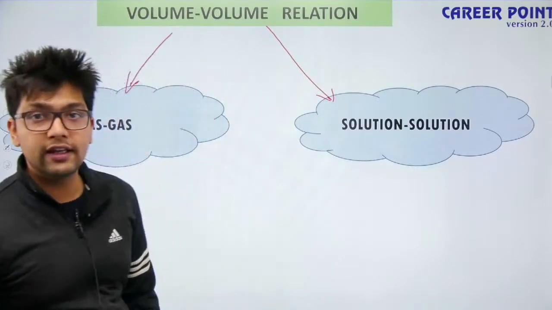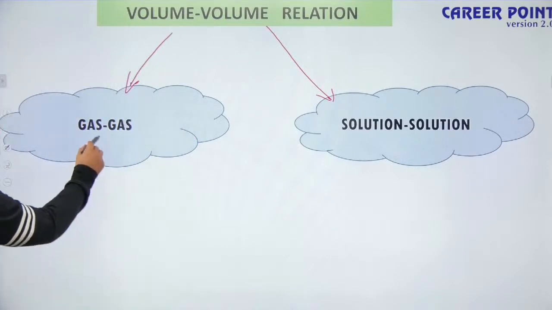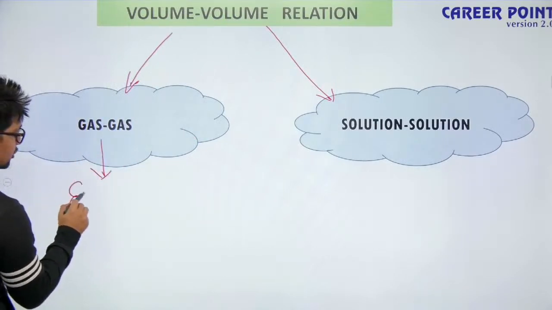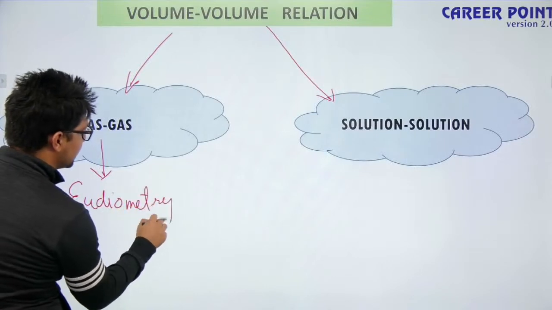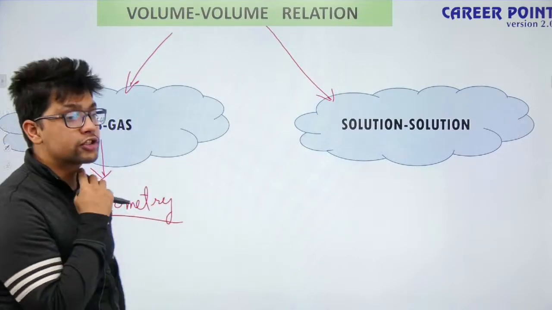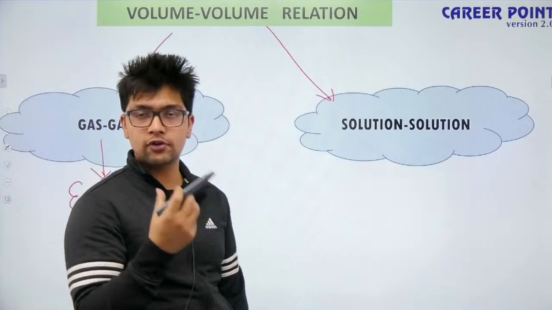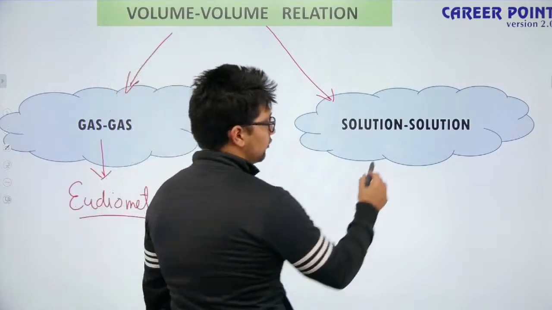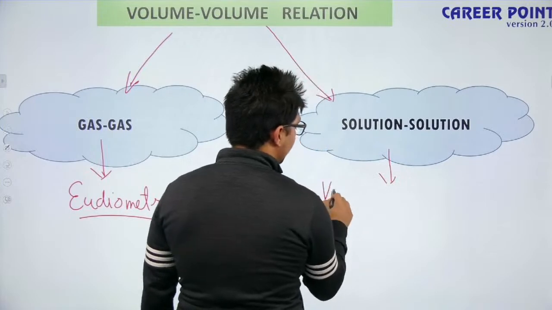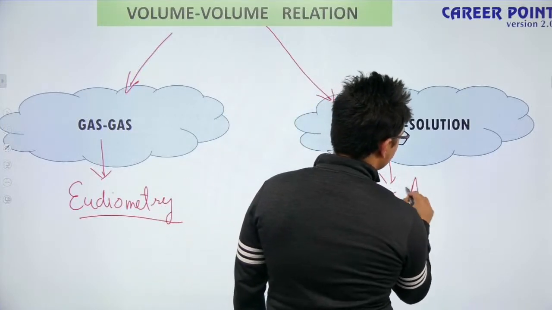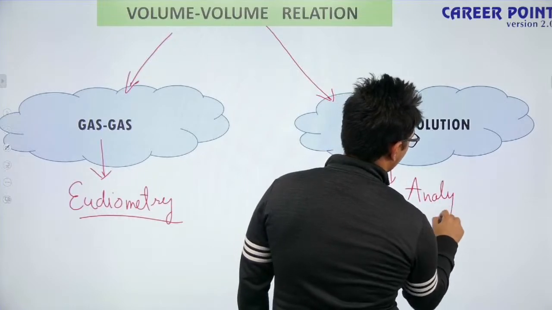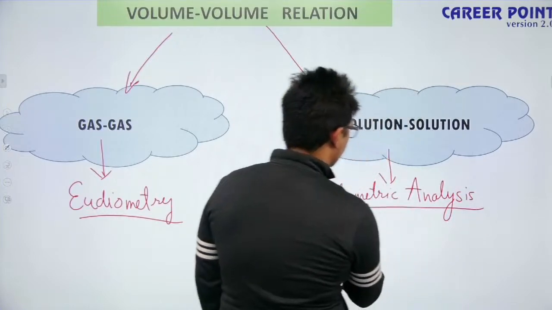When it is about gas relationship, we study a branch of chemistry called eudiometry. Whereas when it's about volume of solutions, we call this volumetric analysis. So this is volumetric analysis, and the other one is eudiometry.